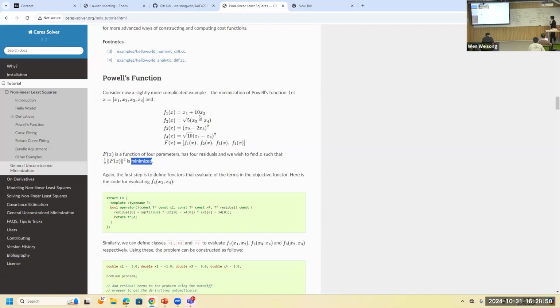Then multiply by 4 and 6, the J transpose. That is a 1 by 2, is that correct?